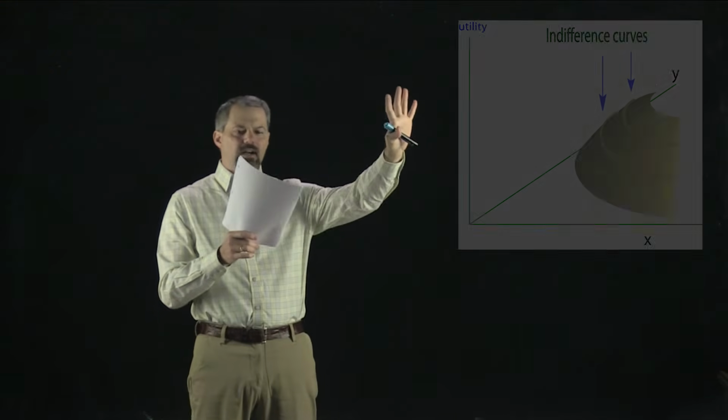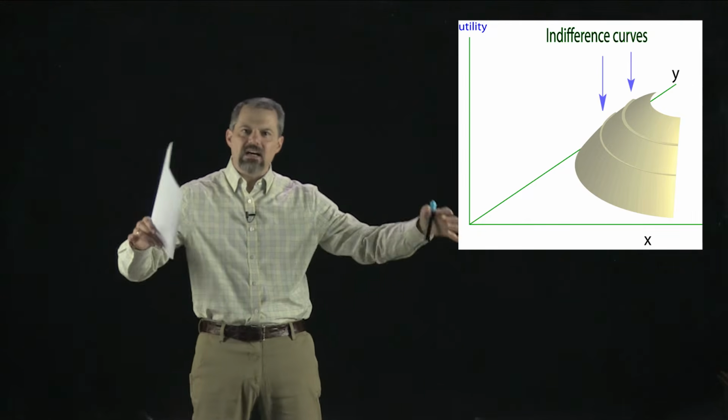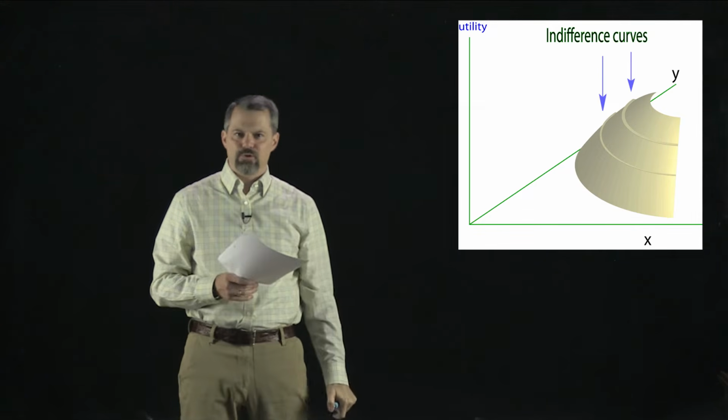Let's take a second and just think about what this utility function is representing. So if we thought about the utility function that we're thinking about, which is utility as a function of two goods, x and y, the utility function is like a big pile of sand sitting in a room.